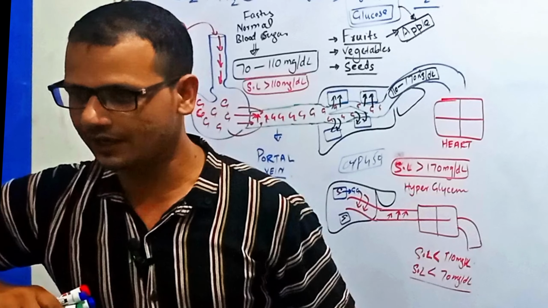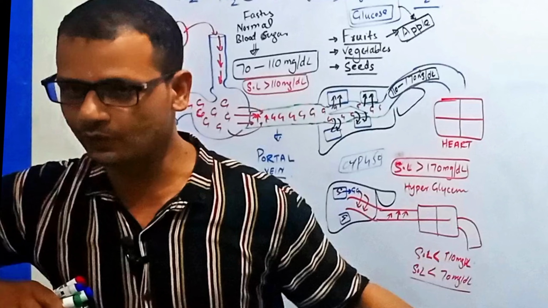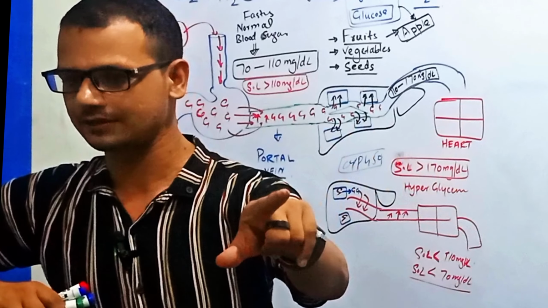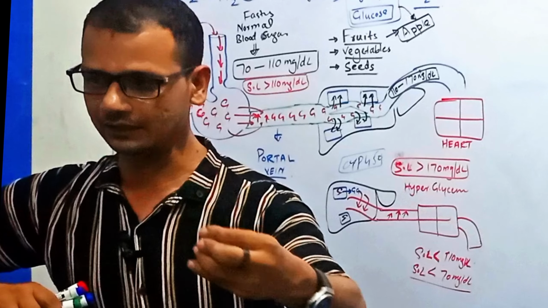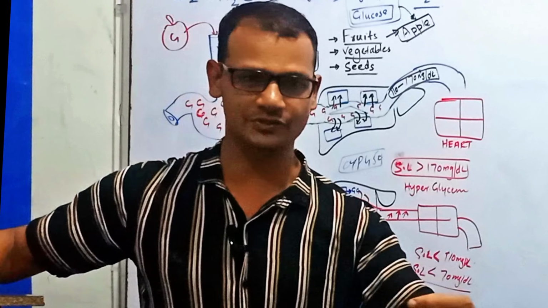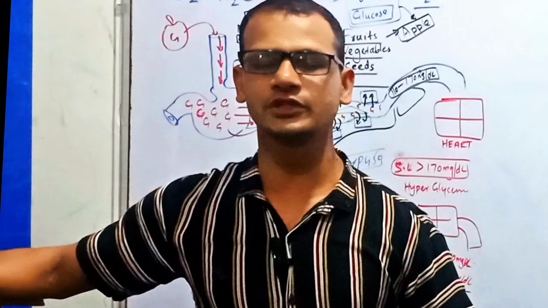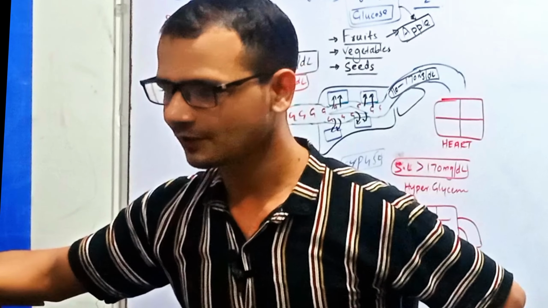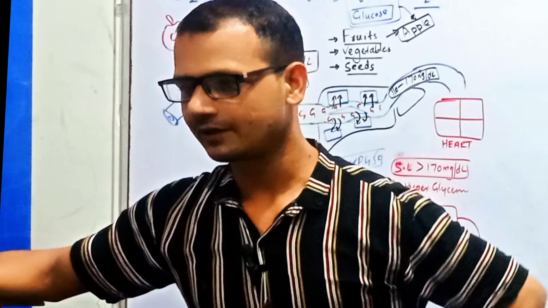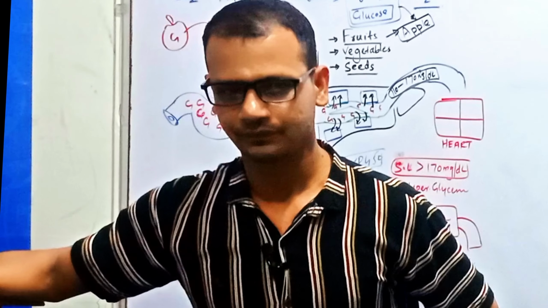When the body is in hyperglycemic condition, the liver will start glycogenesis, the formation of glycogen from glucose, and when the body is in hypoglycemic state, the liver will start glycogenolysis and will convert the glycogen again into glucose and will increase the body sugar level.